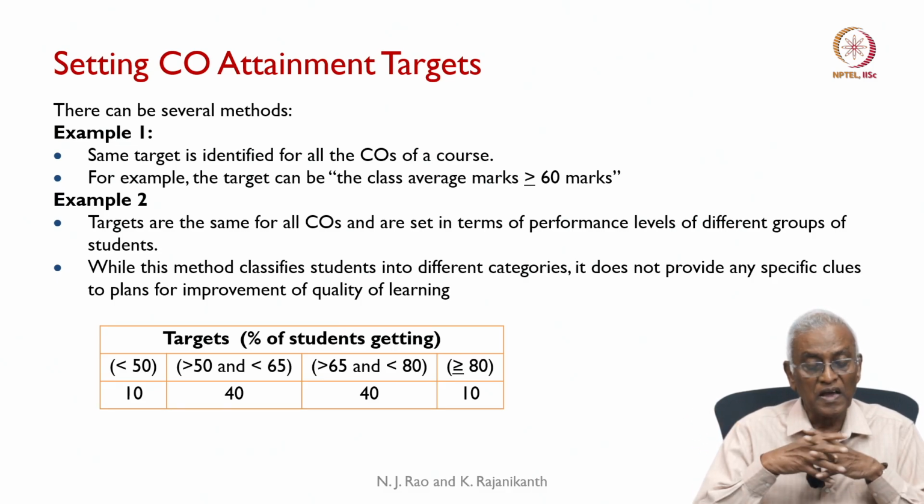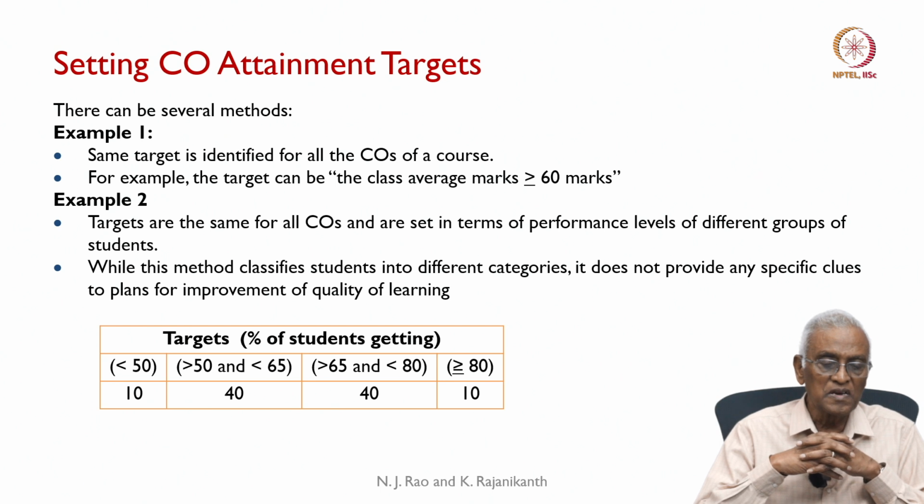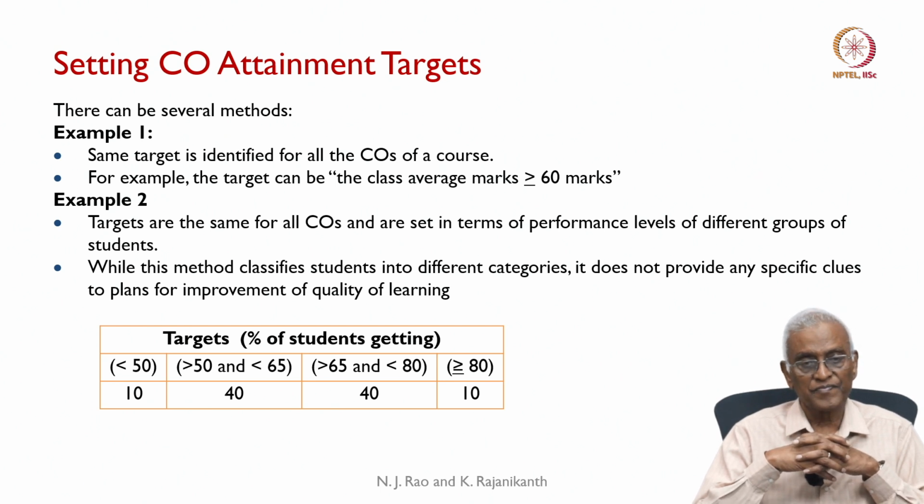Like, the number of students who get less than 50 marks should not be more than 10% of the students. Okay, that is a target.